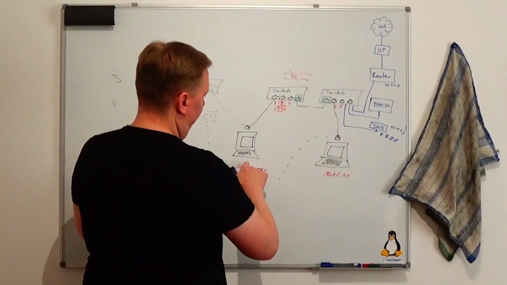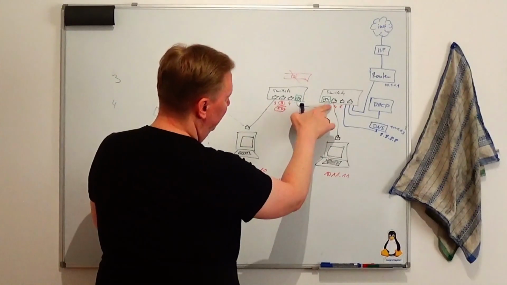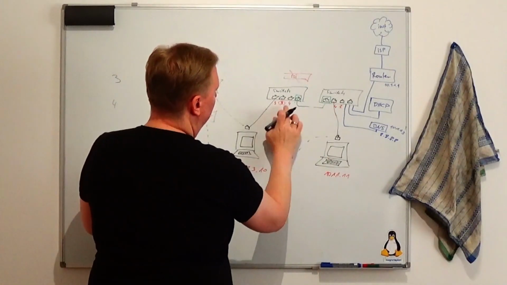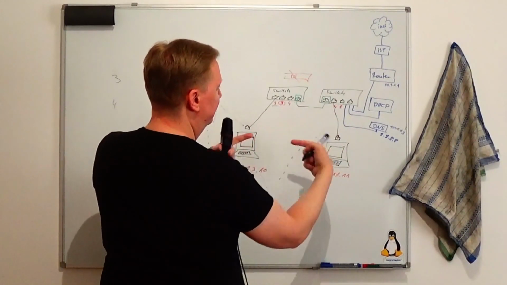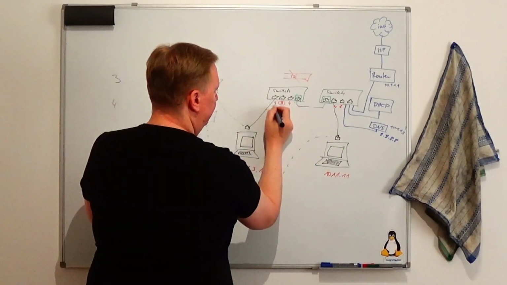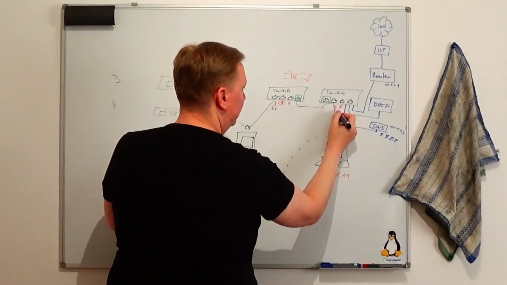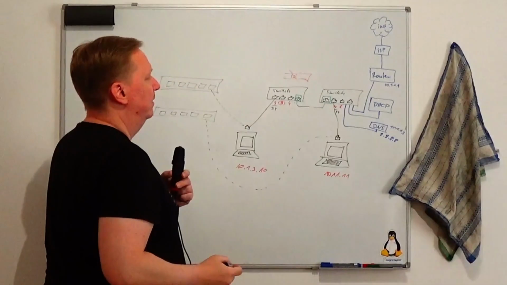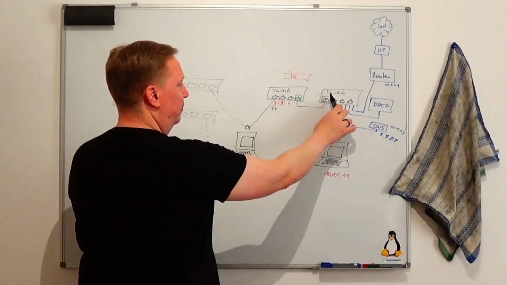You can put one device in one VLAN, another device in another VLAN, but then assign the VLANs to each other as receiving VLANs, so 3, 4 and 3, 4. So this device then sends through VLAN 4.